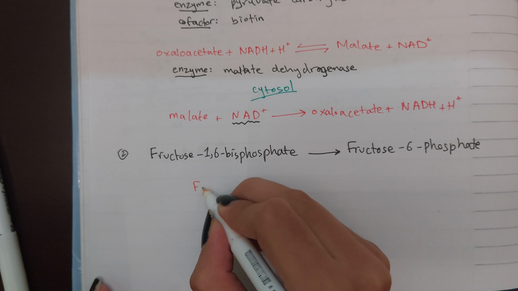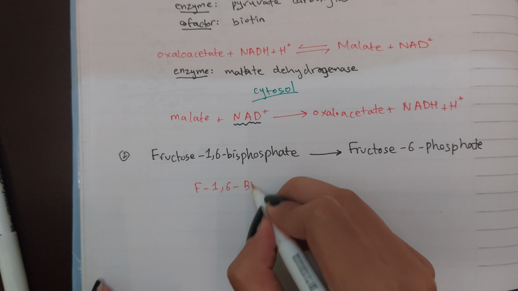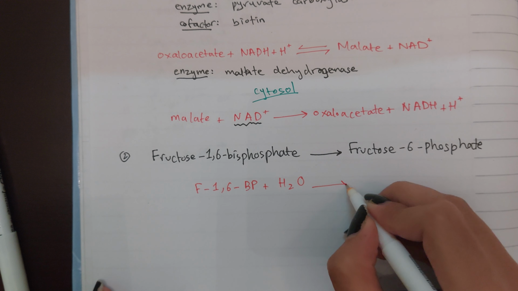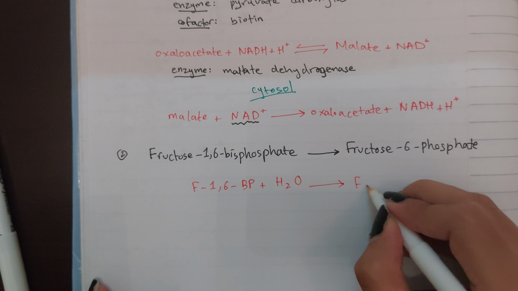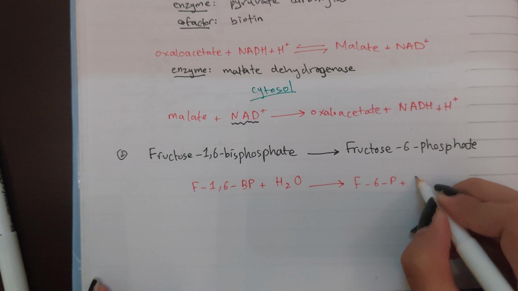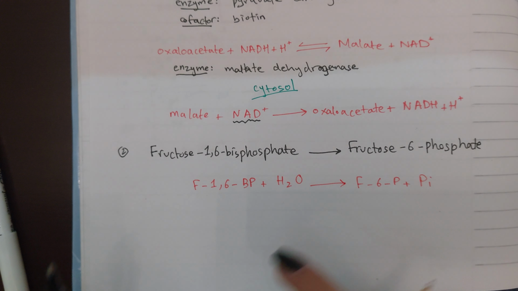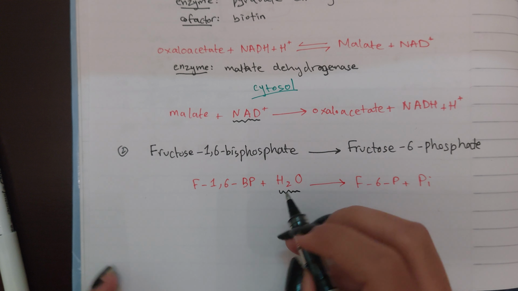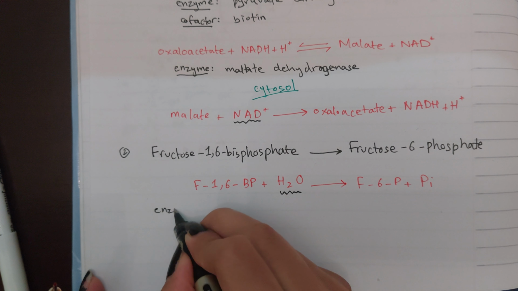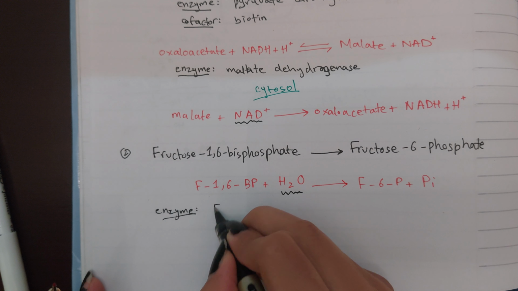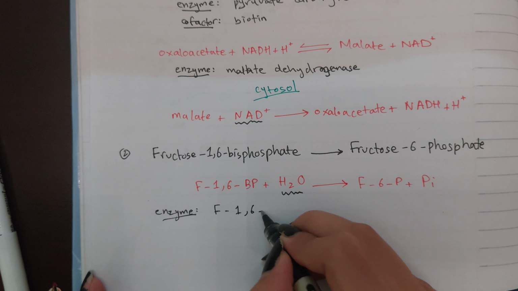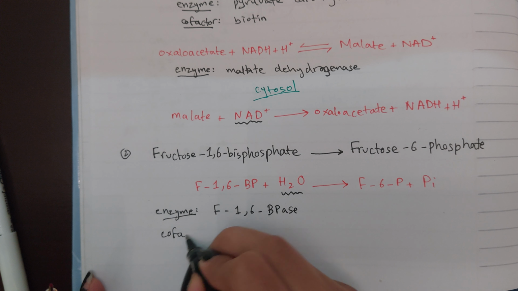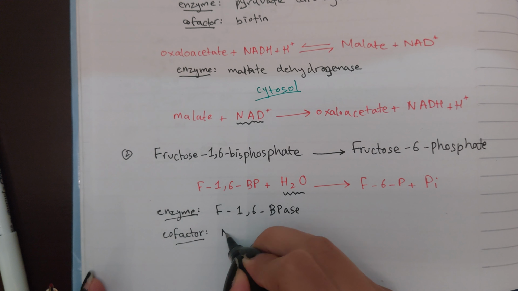So the fructose 1,6 bisphosphate is converted into fructose 6 phosphate using one molecule of H2O, hence producing phosphate. So we will also keep this in mind. And the enzyme involved in this reaction is fructose 1,6 bisphosphatase, and the cofactor is magnesium.